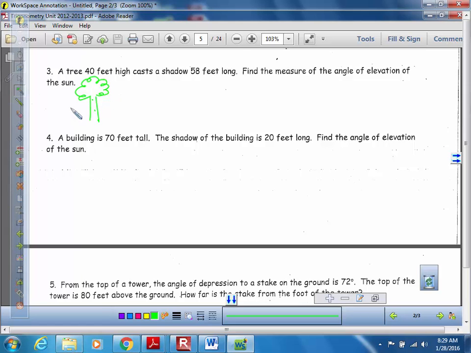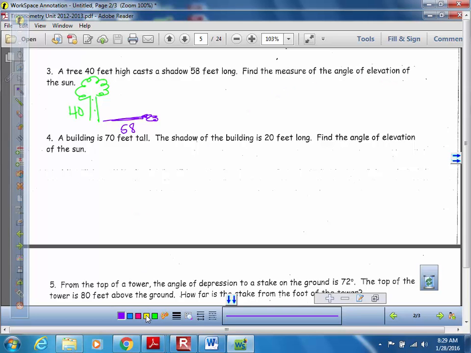So my tree is 40 feet high, and it casts a shadow of 58 feet long. So a shadow, if you think about your shadow always appears on the ground. So it casts a shadow on the ground 58 feet long. They want us to find the measure of the angle of elevation of the sun.